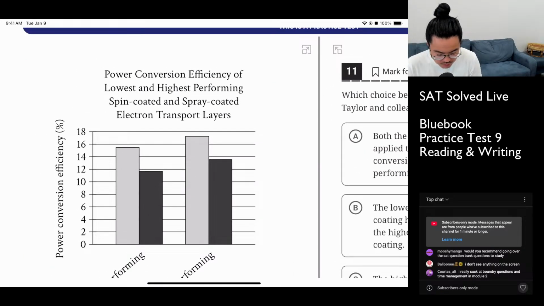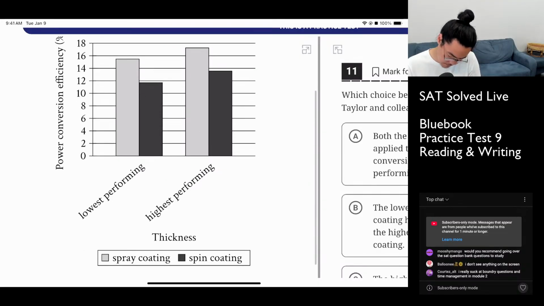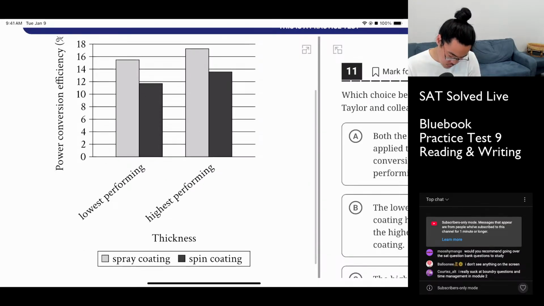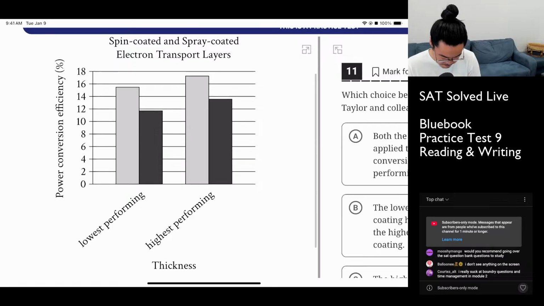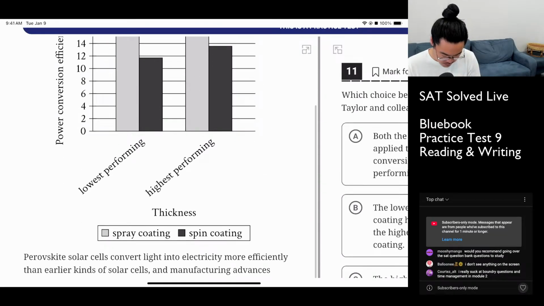Power conversion efficiency of the lowest performing and the highest performing, the worst and the best, of the spin-coated and the spray-coated ETLs. So the gray one is spray, and the best and the worst is pretty high.